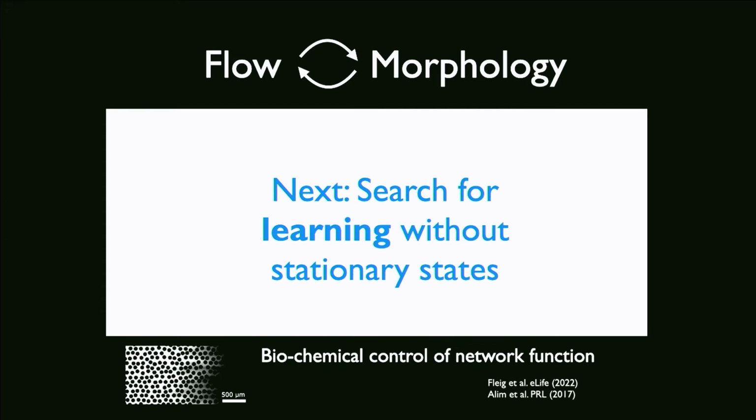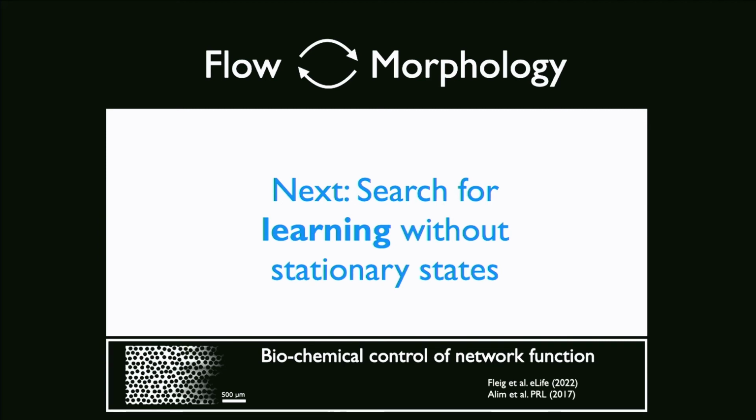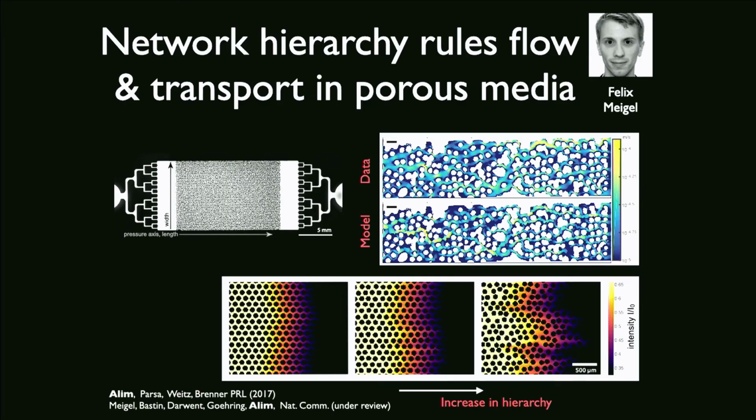But actually, let me take a few minutes to tell you of how I believe what we learn in the physical context of Physarum, of how flows and morphology feed back, is inspiring to think about having chemical or biochemical control of network function. Because flow networks are everywhere, and a prominent example is actually porous media, which is the rocks or the filtration, your battery, fuel cells.